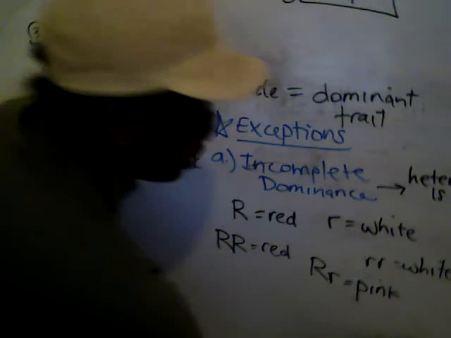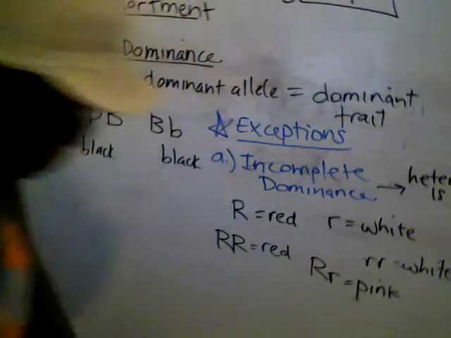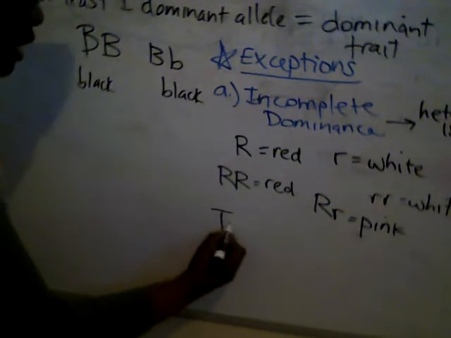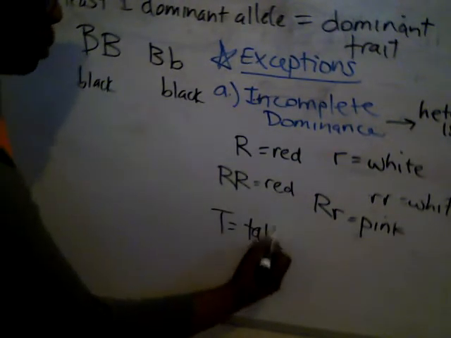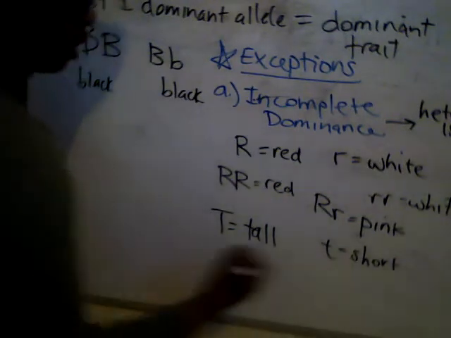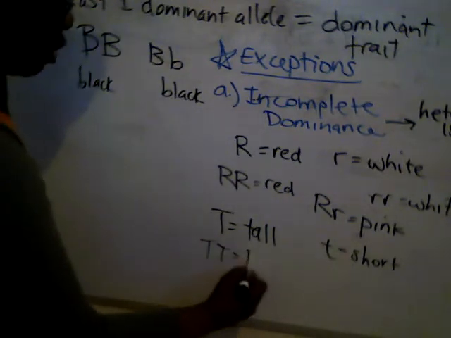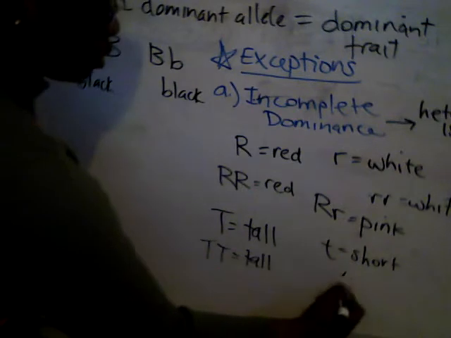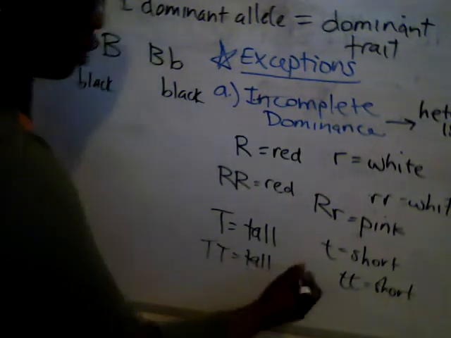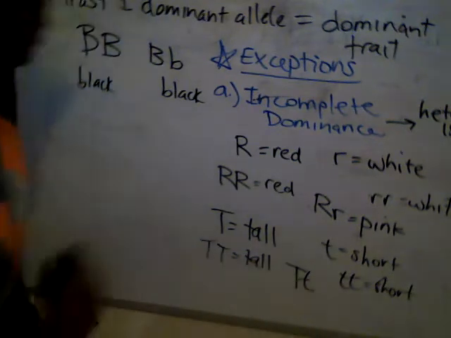So let's do another example for incomplete. Let's say big T, if you had big T, you would be a tall plant. Let's say little t, you'd be a short plant. So big T, we know would be tall. We know little t would be short. What about big T, little t, if you have one of each?